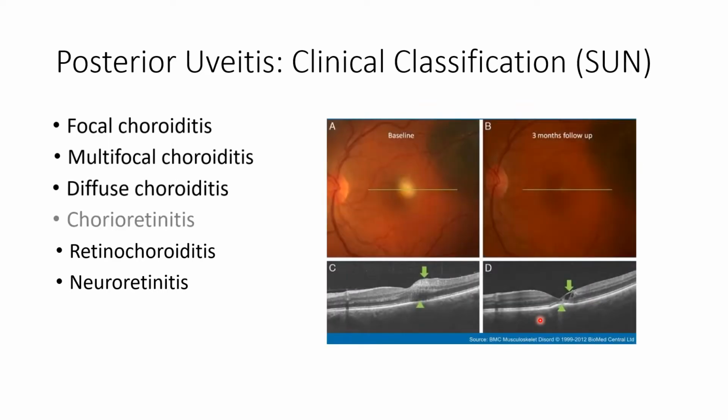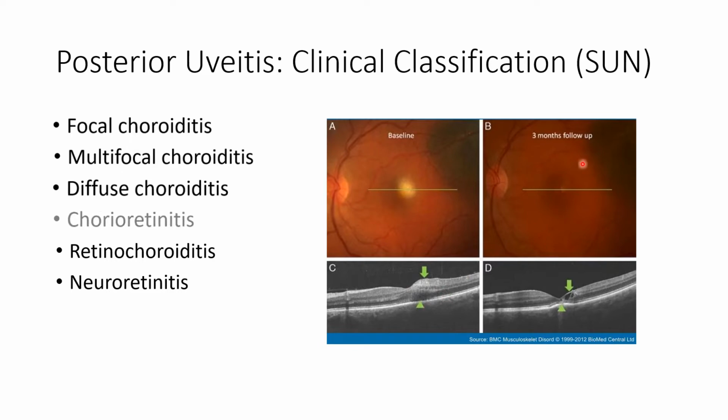Then we can have chorioretinitis. Chorioretinitis is basically like choroiditis where you have inflammation of the overlying retina also. In this OCT we can see the area where you have the inflammation, that is choroiditis, and in the section of the tissue, we can appreciate that this portion of the retina is edematous compared to the other part, and this is the area of inflammation.